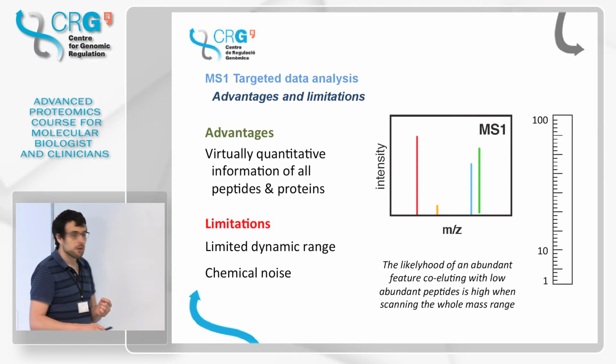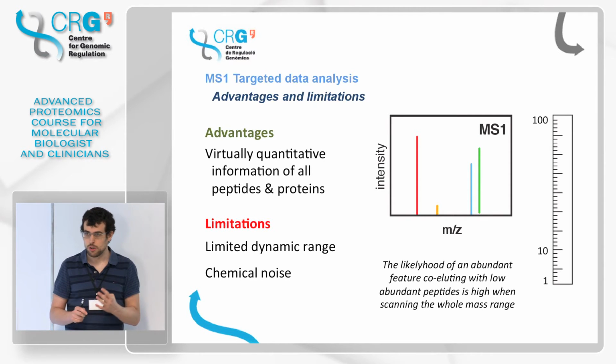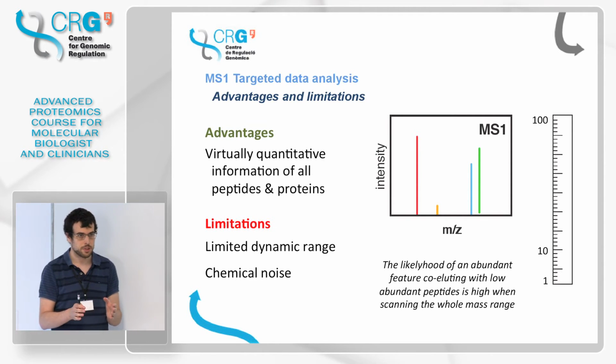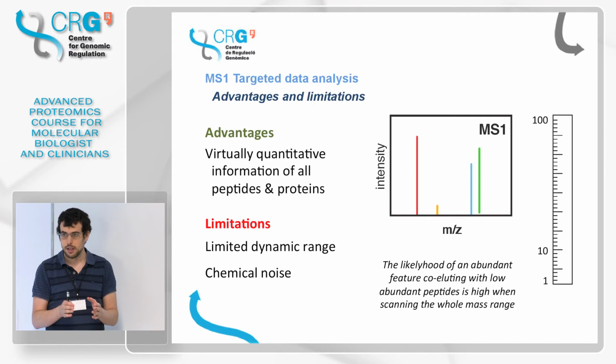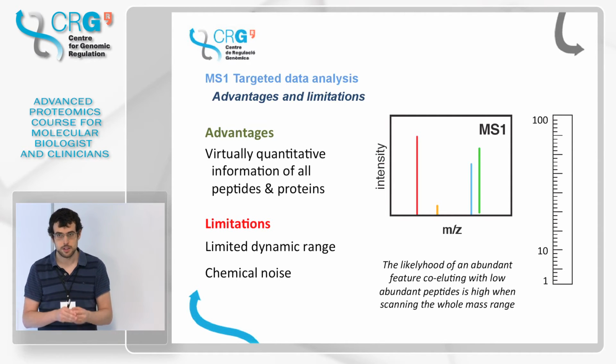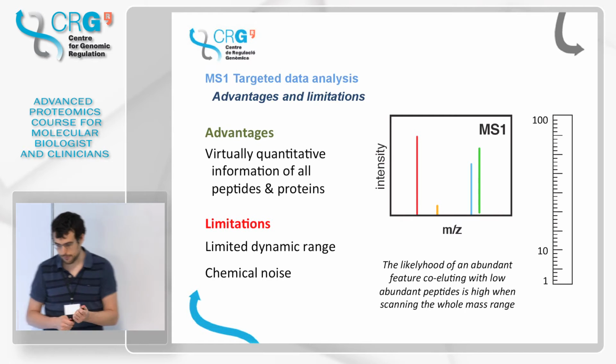It goes to 4 orders of magnitude. So if you have, for example, in your serum samples, albumin that is very highly abundant, anything that is 4 orders of magnitude less abundant than albumin, the mass spectrometer will not be able to see. And this is also why there are depletion approaches to get rid of really abundant proteins. Okay?